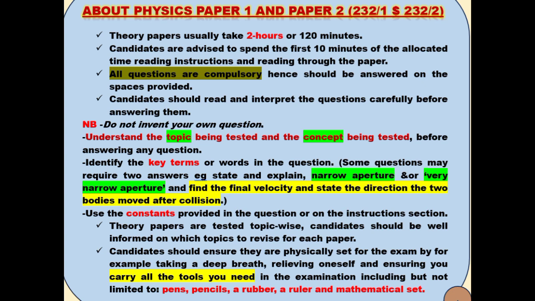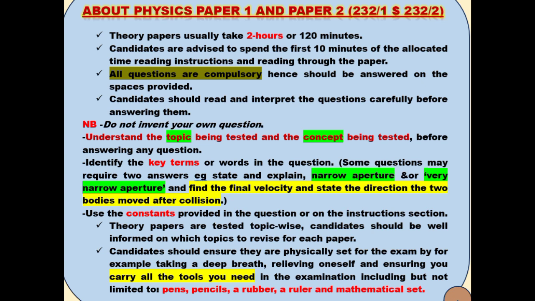So you realize that these are all forms of questions. After maybe you have been given some statement or some paragraph, then the question now is, find the final velocity and state the direction the 2 bodies moved after collision.